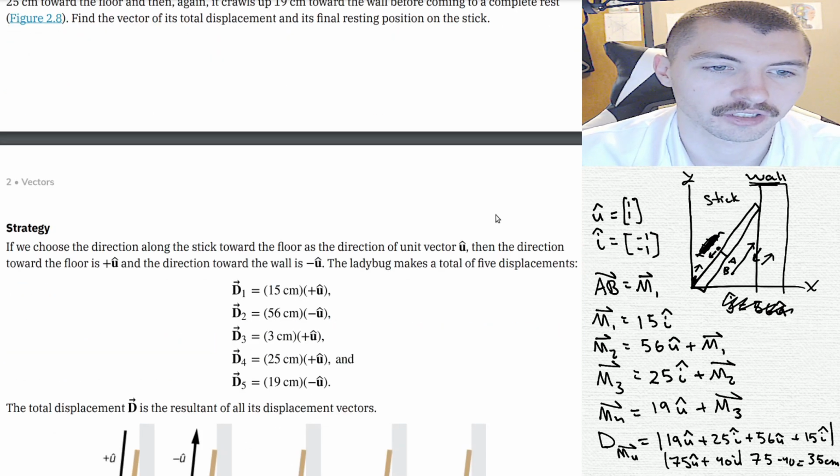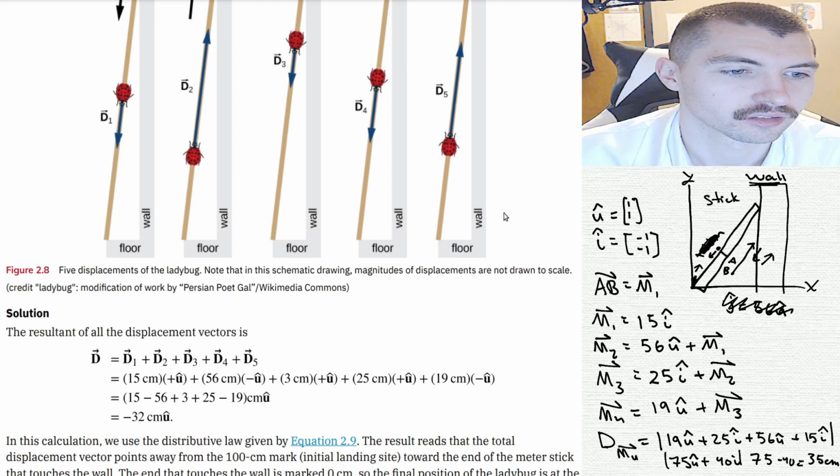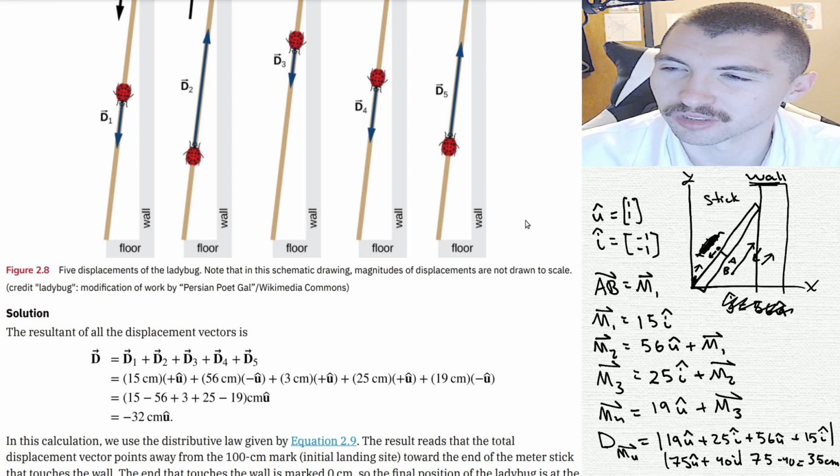Let's see if I got it right. 32 centimeters. I was close. Maybe I messed up some algebra somewhere. 56 plus 19, 65, 75. Plus that.